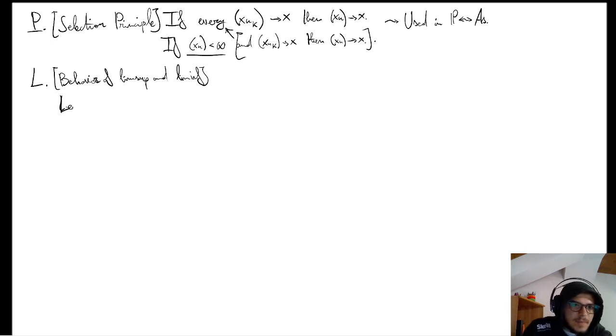Let xn be a sequence of positive real numbers and xn bar be the average, so the sum from 1 to n of xn over n.